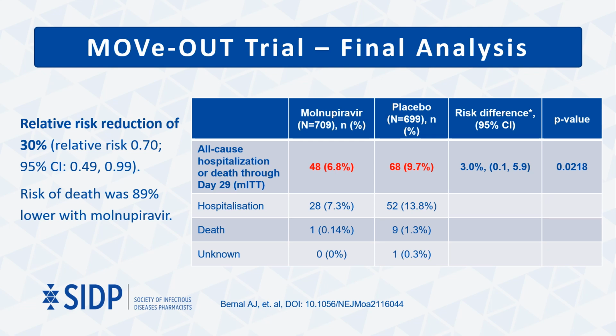So that was a little less dramatic than the 50% that had been seen on the interim analyses. However, of note, the risk of death was still appreciably lower in the Molnupiravir-treated group. There was 1 death in the Molnupiravir-treated patient population compared to 9 deaths in the placebo group.